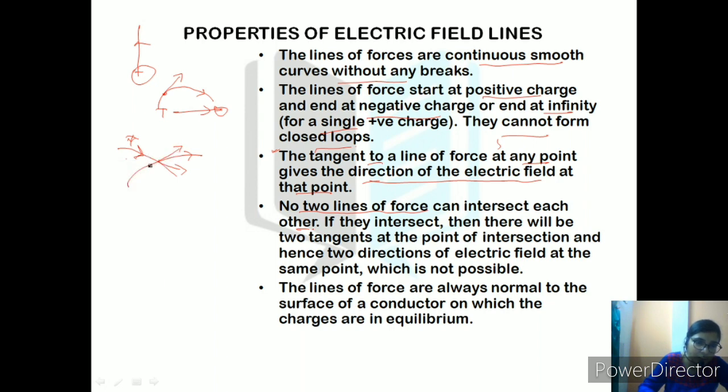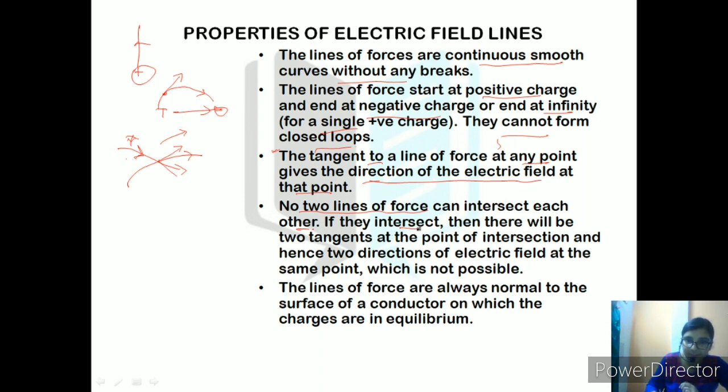That means these two curves are showing two directions of the field intensity at the same point, which is not possible, because at a given point the total field intensity has a fixed direction. So no two lines of force can intersect each other.